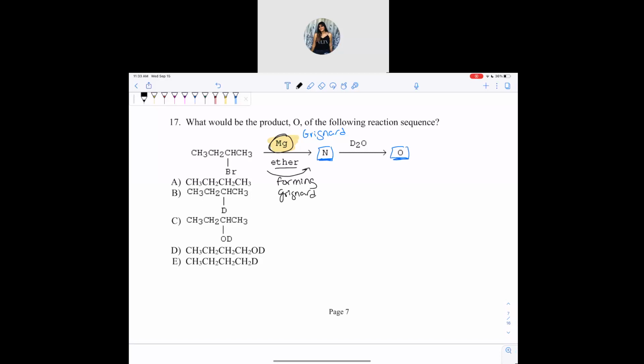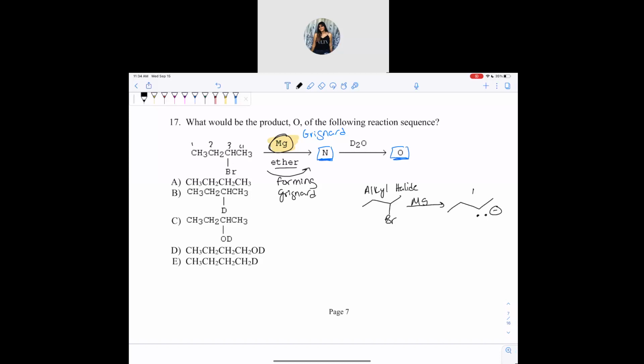I will show you two ways to do this. I like to draw things out. So 1, 2, 3, 4, a 4-carbon chain, and we have a bromine here, so we have an alkyl halide. Once I react that with magnesium, I'm going to make the Grignard reagent, which looks like this.